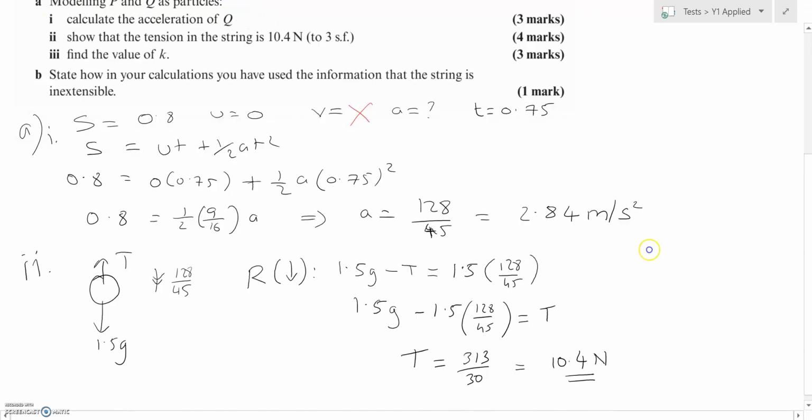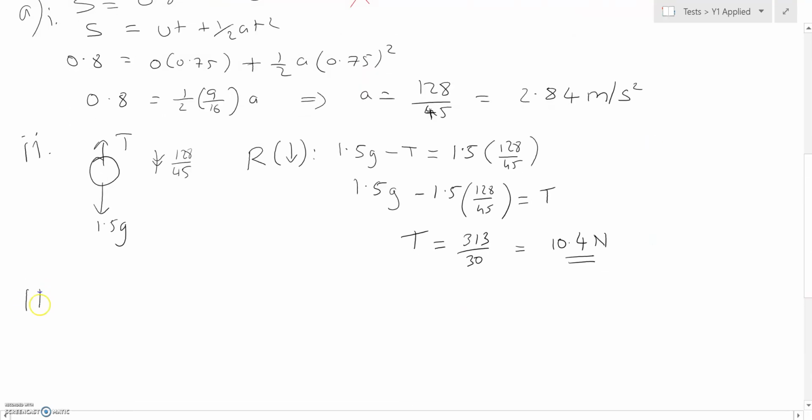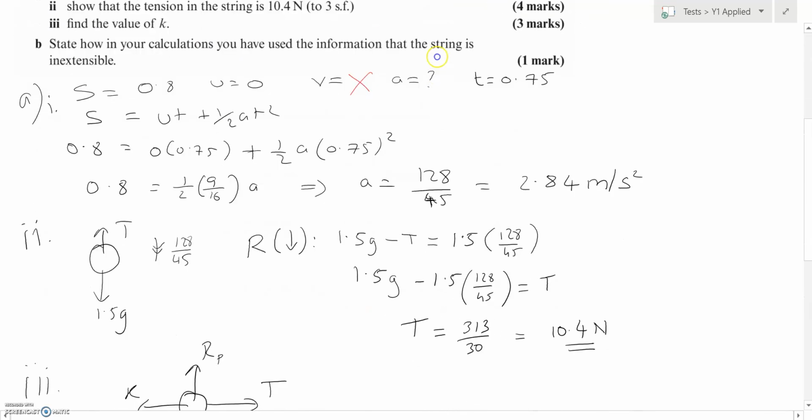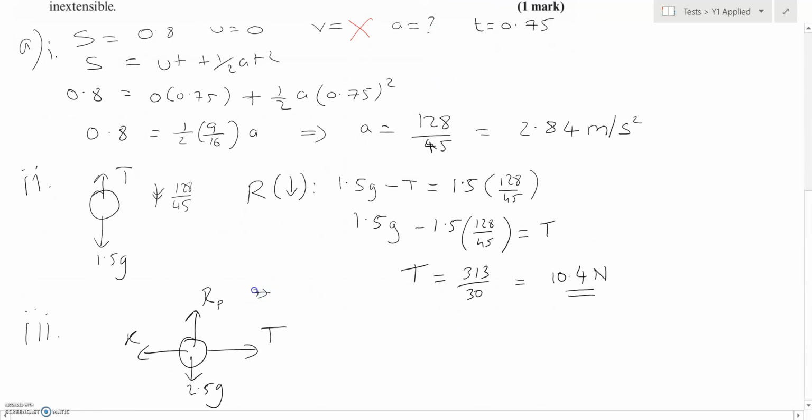And then we're asked for part III. We're asked to work out K. K is the frictional force that's acting on P, so we're going to have to use particle P. The acceleration was 128 over 45.